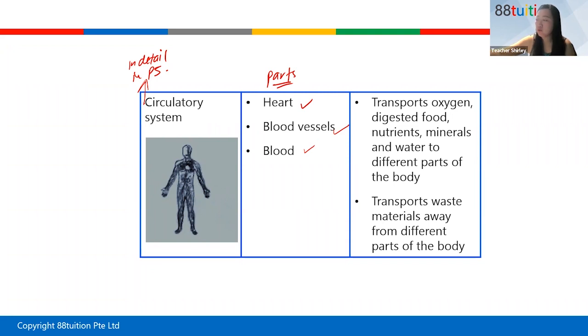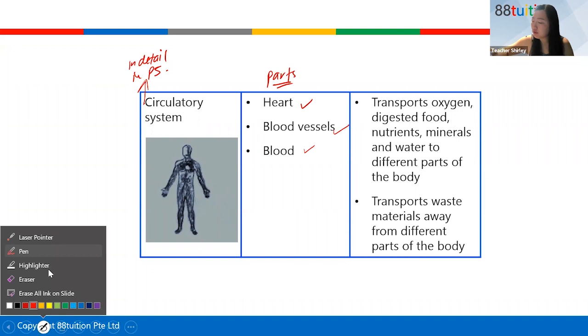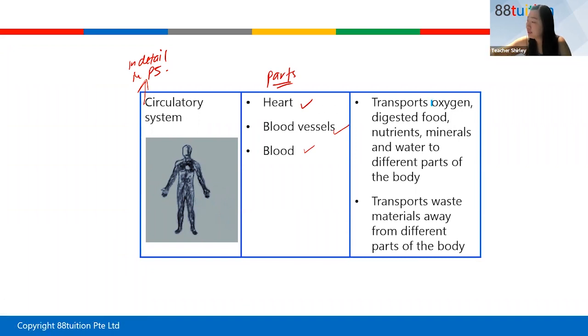Okay, two functions for the circulatory system. One, you notice the different things that it transports. Firstly, it can transport oxygen, digested food, nutrients, minerals, and water. This will be useful for our body, so basically they transport it to different parts of the body.